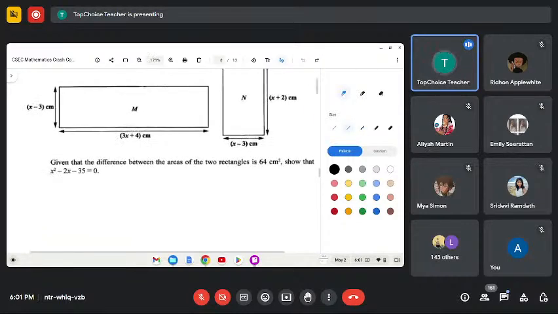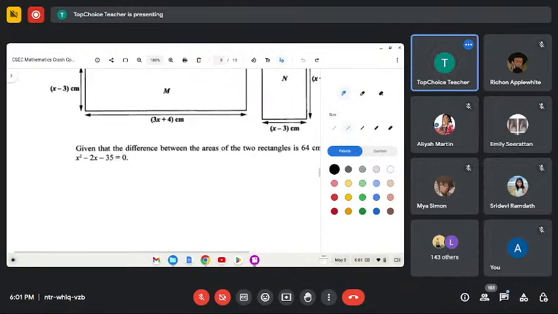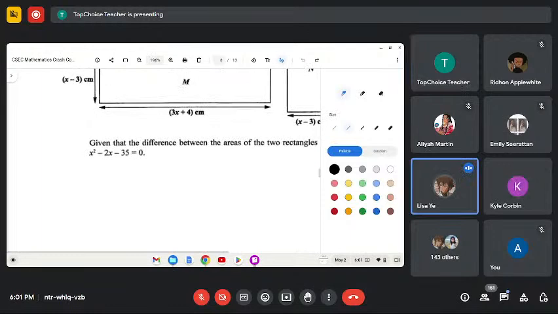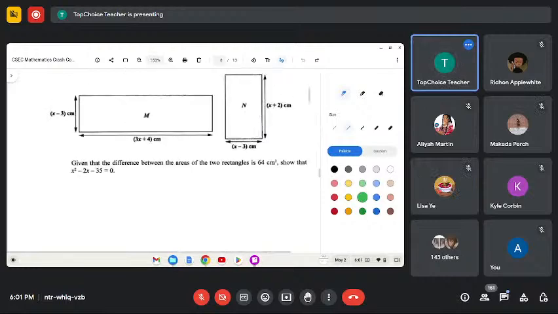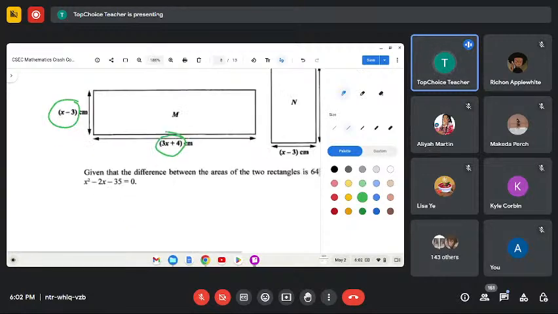So what is the formula we generally use for area of a rectangle? Length by breadth. Length times breadth, very good. Length by breadth will basically be this multiplied by this. We don't have nice numbers, we have expressions, so we're going to be multiplying these two expressions.